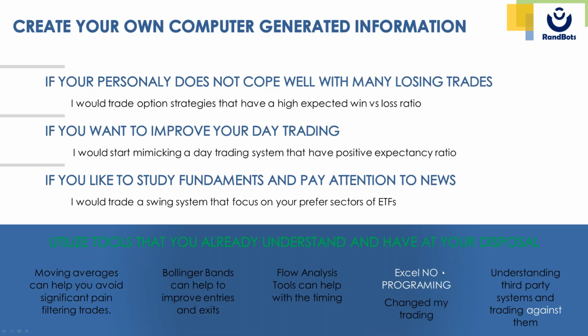If my Excel said the opposite of what a third-party system does, which I trust, I'm able to trade against those systems to minimize the risk or to find alpha, because I think that a specific trade on the system might have a negative expectancy ratio.